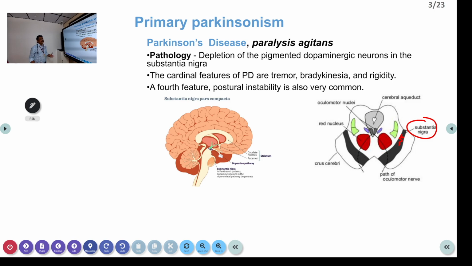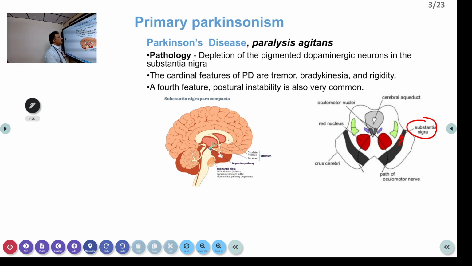They actually help us to move or do things with our hands, legs. So normal movements will be controlled by this area. When the dopaminergic neurons are reduced due to some immune mediated destruction, Parkinsonism will develop. If the pathology is only confined to that area, that degeneration is occurring only in that area, you call it primary Parkinsonism.